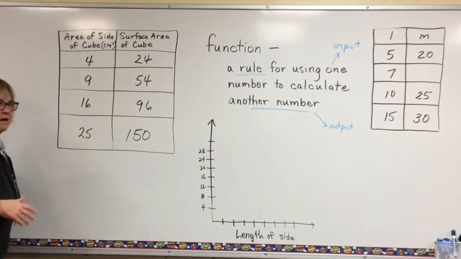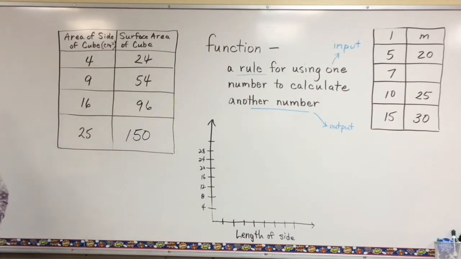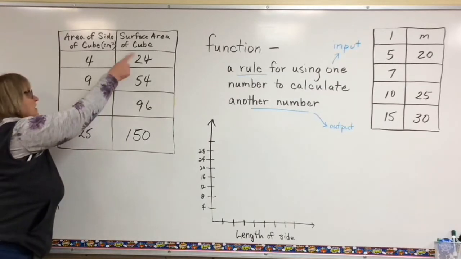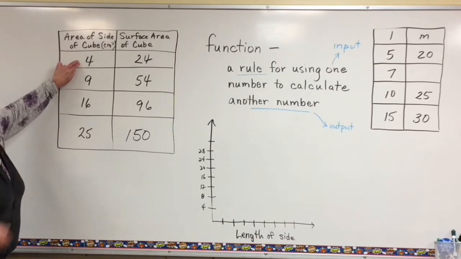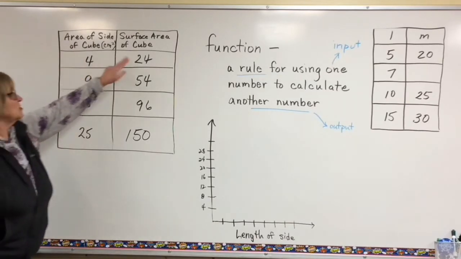Now, if you recall, a cube has 6 faces. So if we want to figure out the entire surface area of the cube, we would figure that out by doing what? Since there are 6 faces, we would have to take the area of one face times 6.